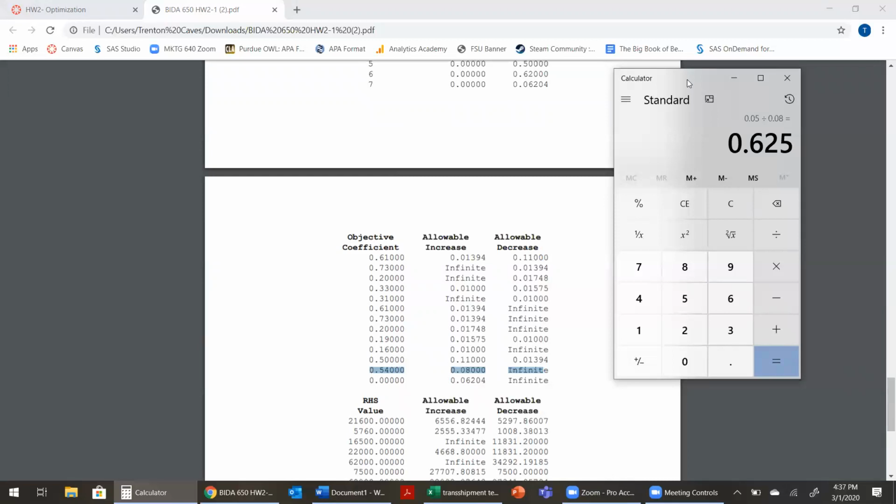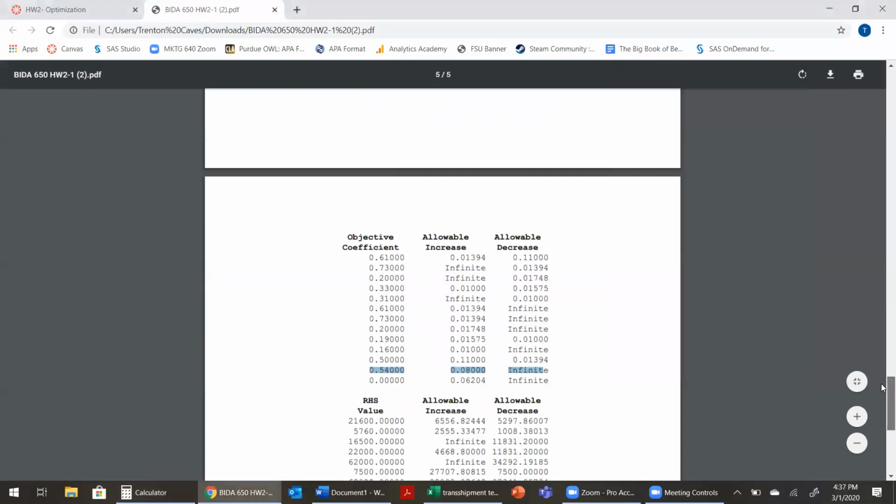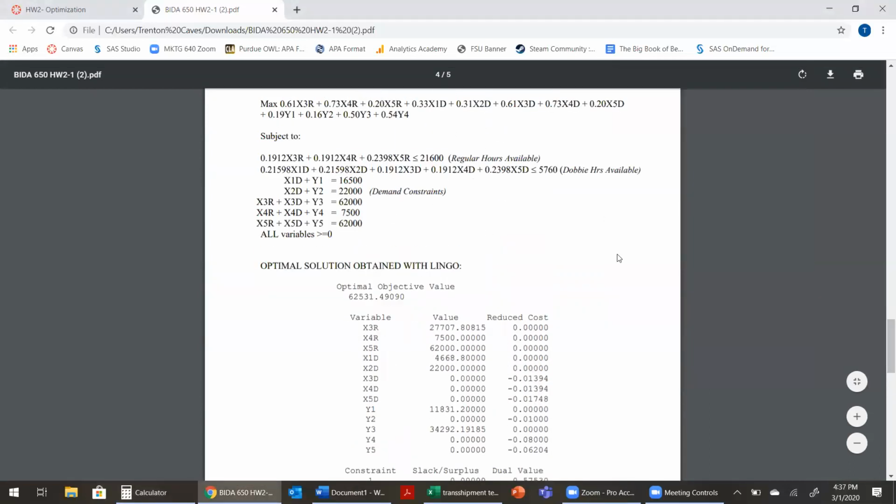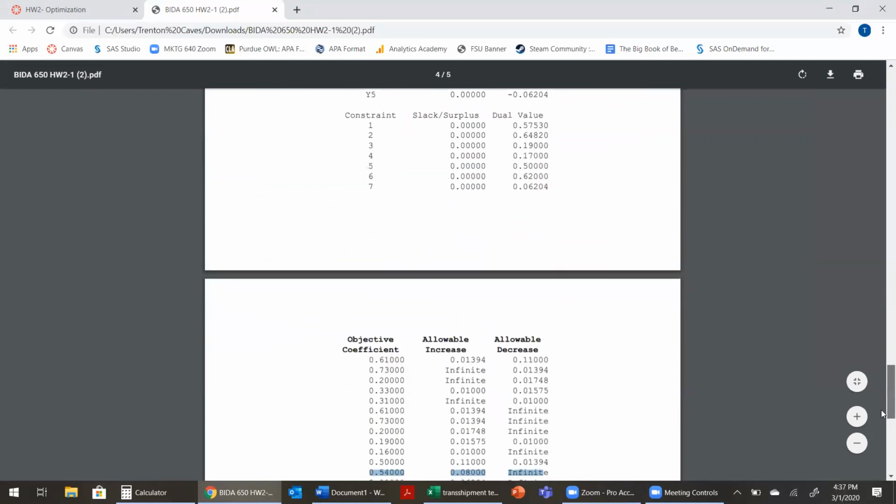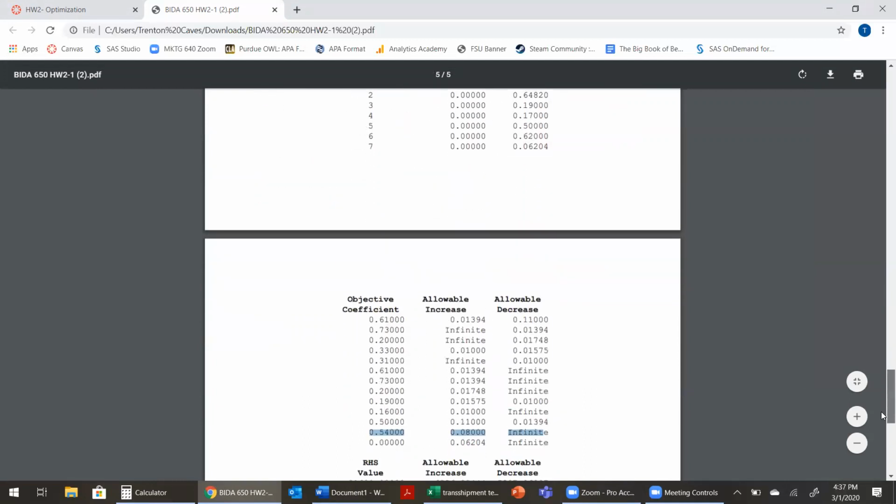So if the change in our X4D was less than 38%, we could make those two changes at the same time without affecting our optimal solution.